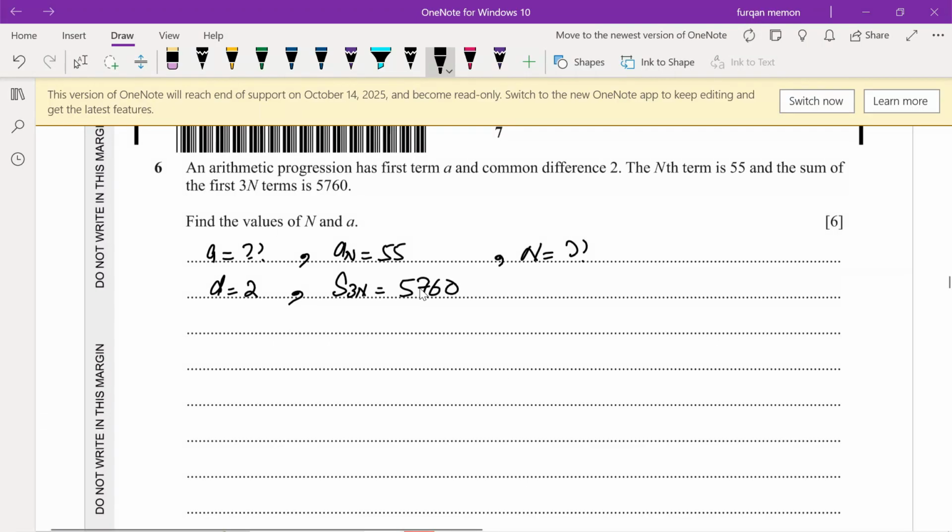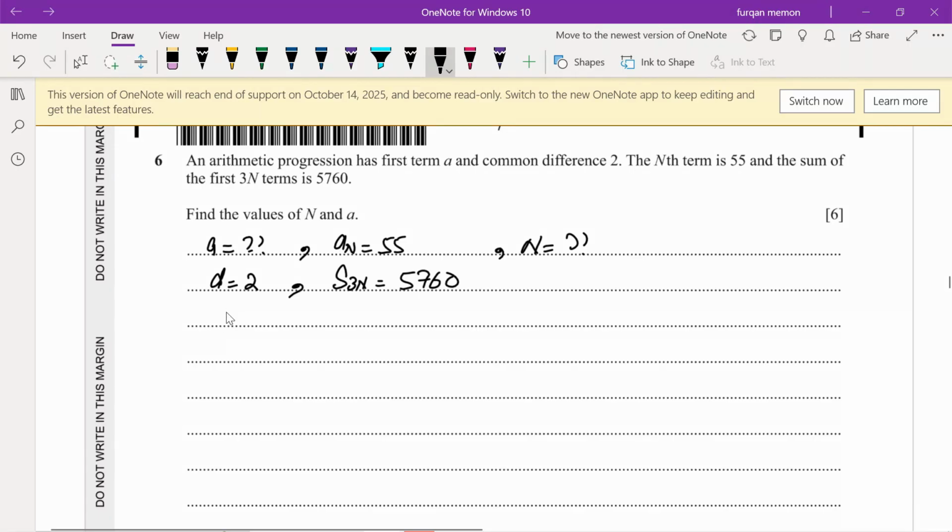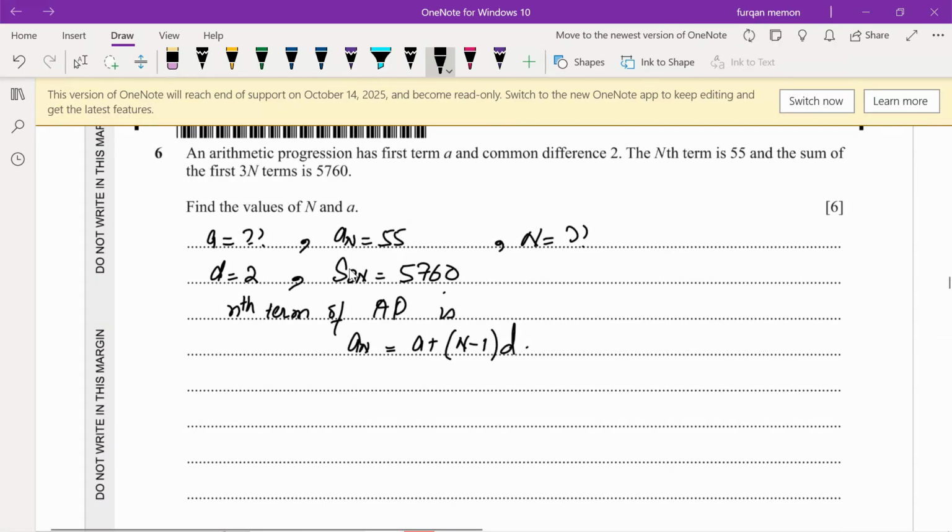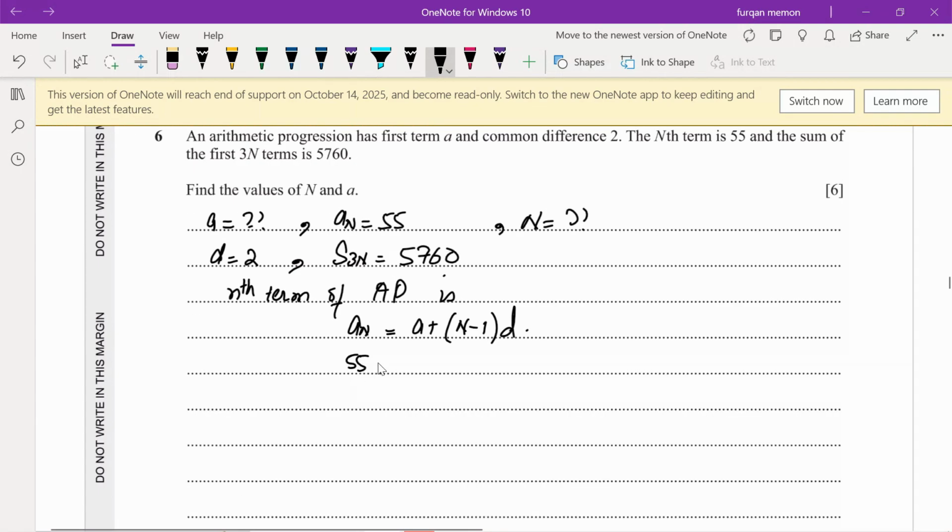We know that the nth term of an arithmetic progression is a_n equals a plus (N minus 1) times d. The nth term is given, which is 55, so we plug it in. 55 equals a plus (n minus 1) times d, and d is given as 2.